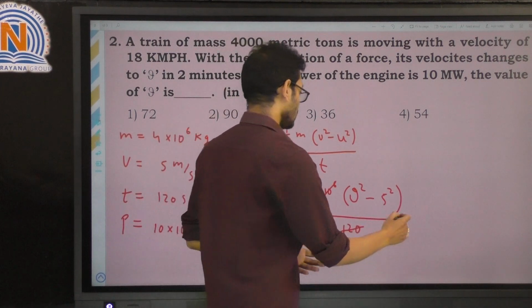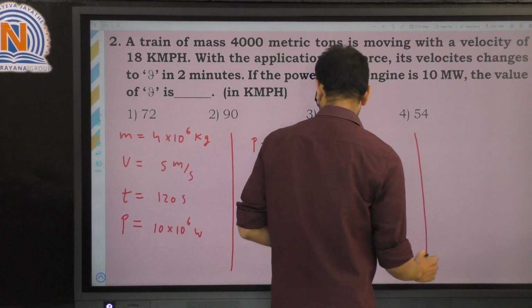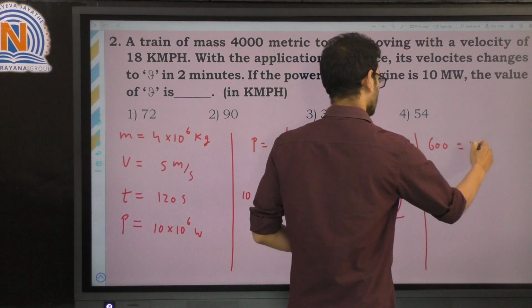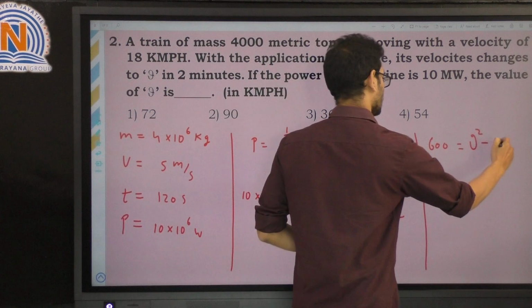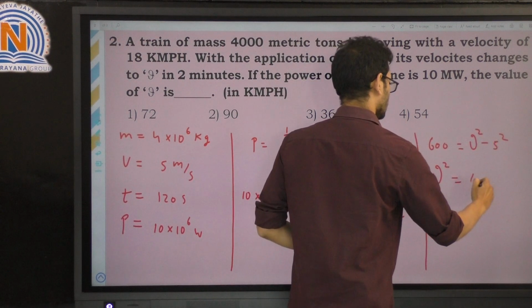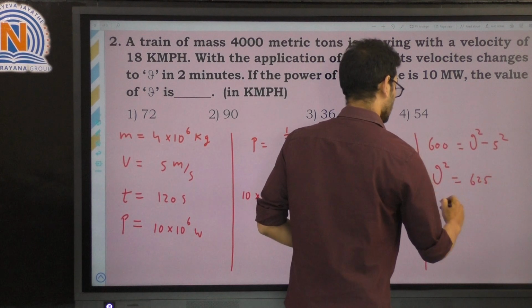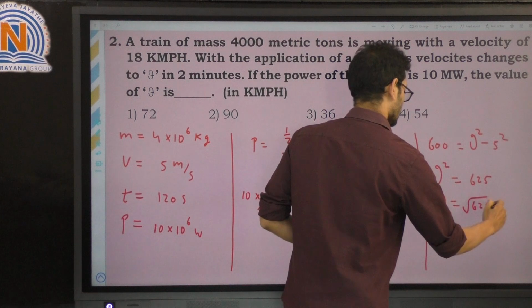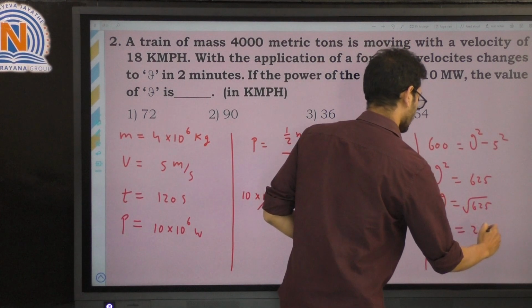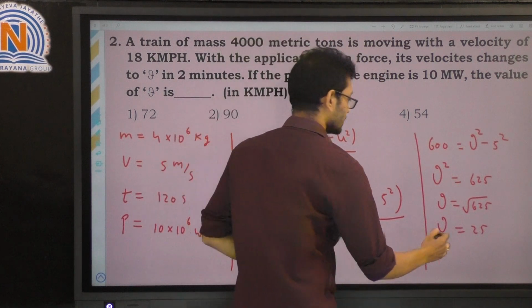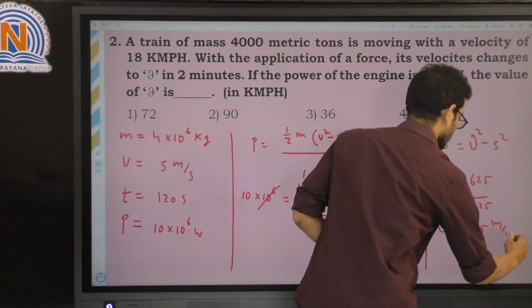So 600, we are getting 600 equals mu square minus 5 square, which gives mu square equals 625, and mu equals root over 625, which equals 25. So it is in meter per second.